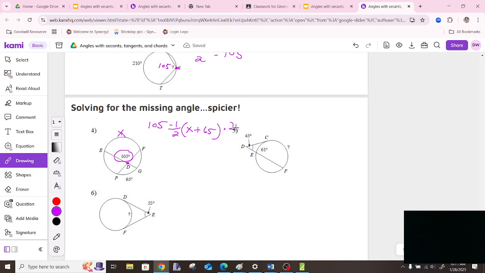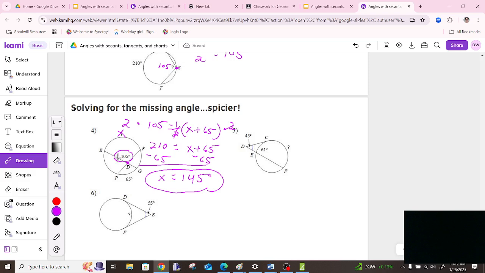Multiply by 2 on both sides, then that 1/2 cancels out. What's 2 times 105? 210. Has to equal x plus 65. And now you subtract. What's 210 minus 65? So that x, this outside arc, is equal to 145 degrees.